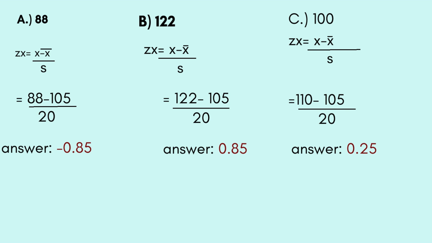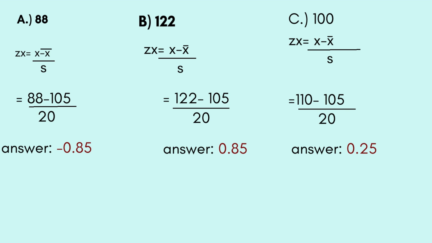Second, same process: 122 minus, we just subtract the mean from the value, and then divide by the standard deviation. So 122 minus 105, and we divide the result by 20, and the answer is 0.85.